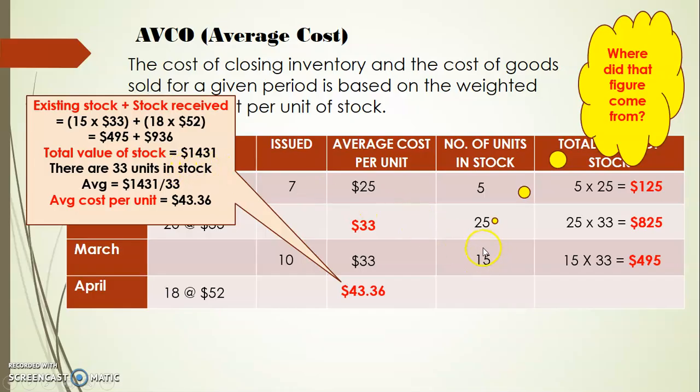Now remember, we take our existing units, add it to the amount received, in this case 15 added to 18, it's going to be 33, and we divide the total value of stock by the units in stock. In this case, $1,431, our total stock value, is divided by 33, which represents the number of units in stock, and that gives us the average cost for our item of $43.36.